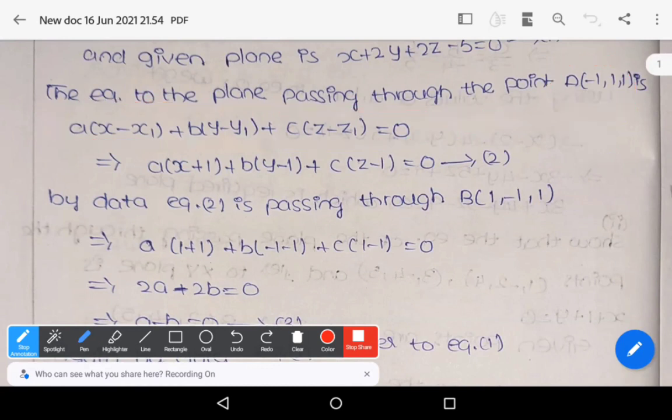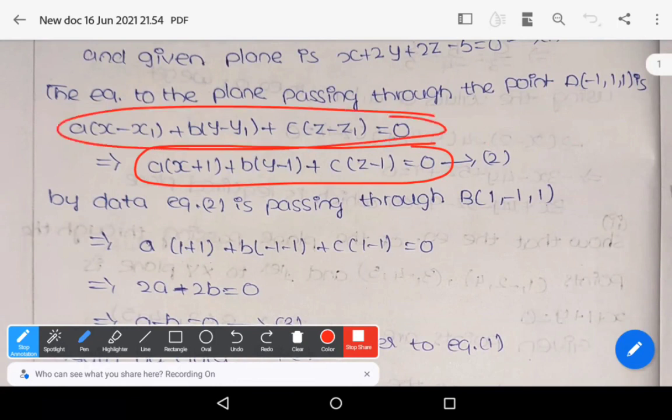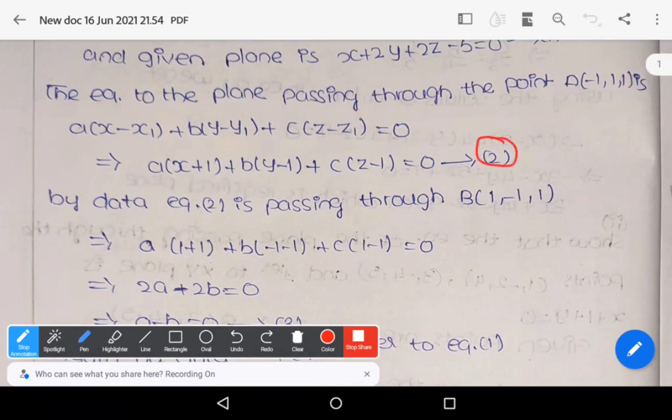By substituting that point, we get a(x + 1) + b(y - 1) + c(z - 1) = 0. Let it be equation number 2.